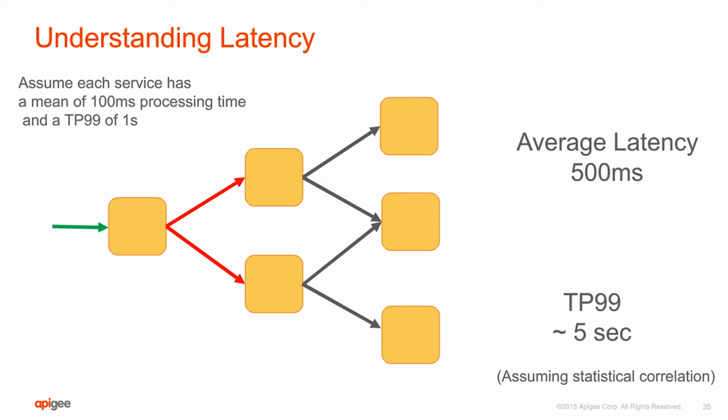So if you look at this from a TP99 perspective, assuming that these are statistically correlated, the time it will take for this API call is not 500 milliseconds, it's 5 seconds, which is when people usually abandon their carts. It's kind of a big deal. It is a very big deal.